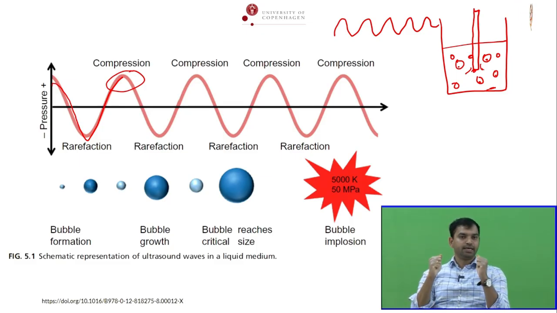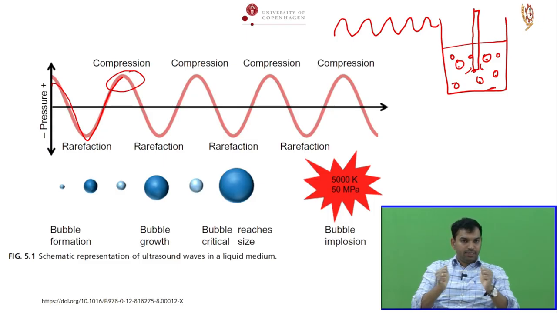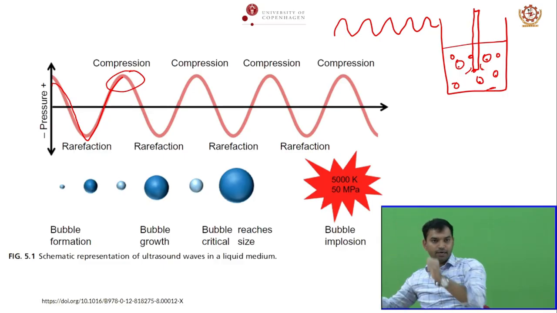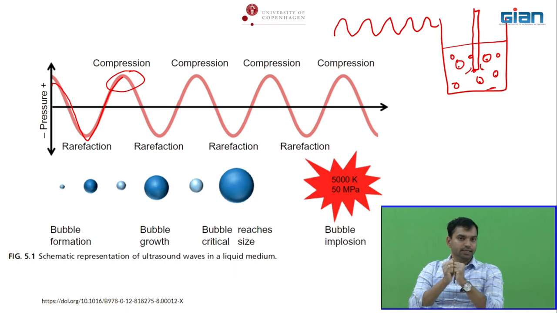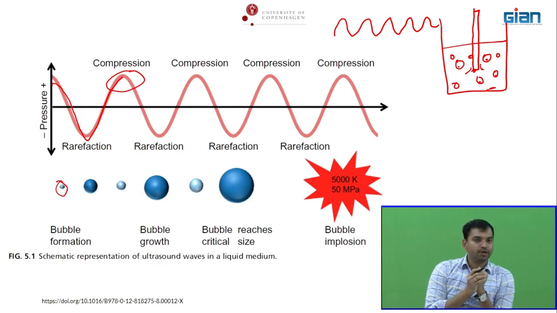During the compression cycle, there is more interaction between solvent molecules, and in the rarefaction cycle, they try to go apart. Together, apart, together, apart. That's what is continuously happening. At some point the negative pressure increases, they go apart, and at that time they create a small vacuum, a vapor-filled bubble.